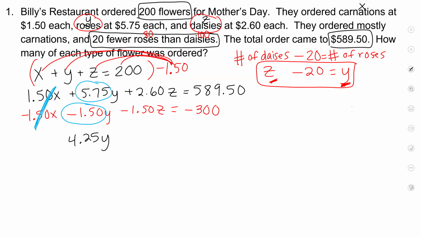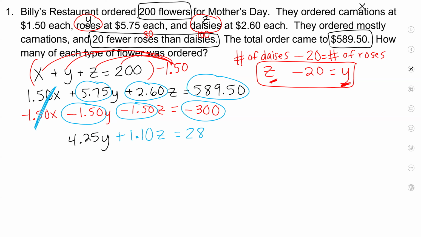Next in your calculator, you do 2.60 minus 1.50. And that is, thank you. What is it? Oh, okay, that's right. 1.10 or 1.1, whichever one you put. And then what is 589.50 minus 300? 289.50. Okay, this is what you guys should have.